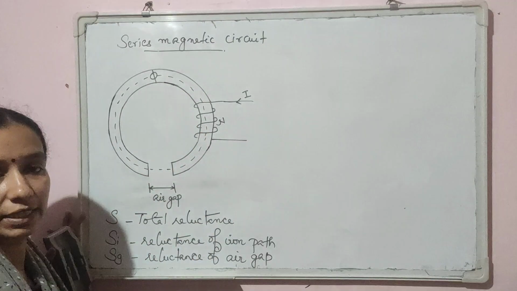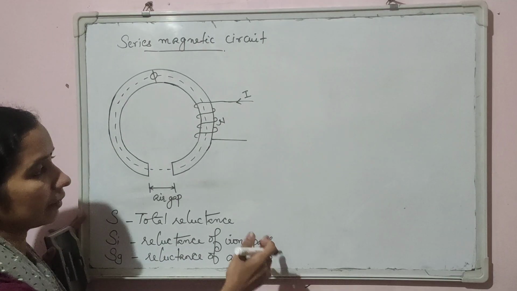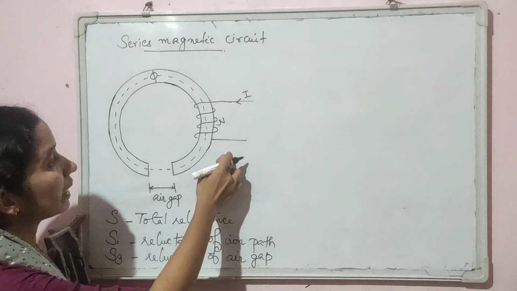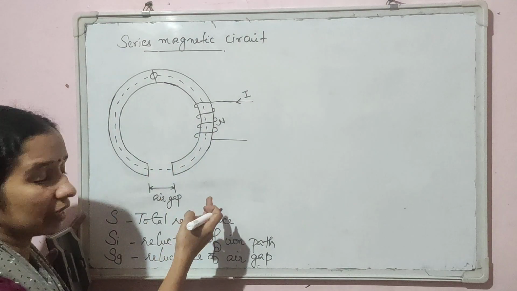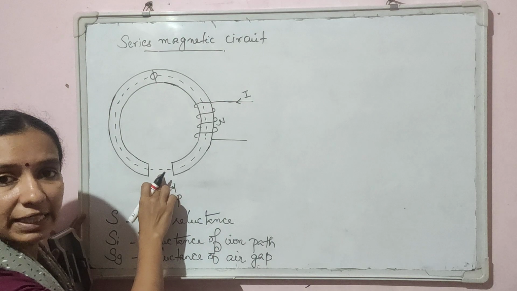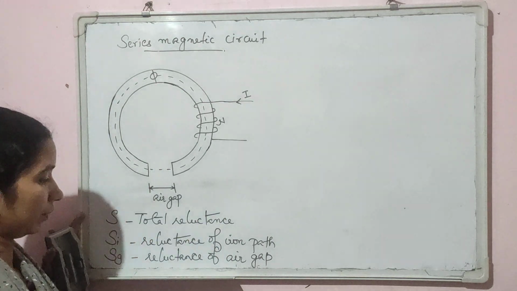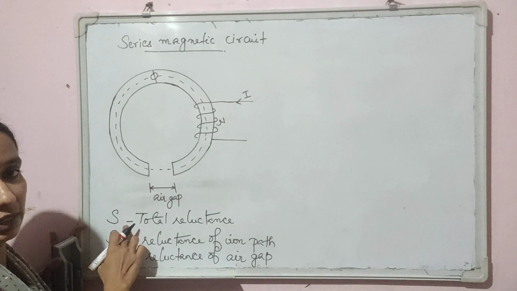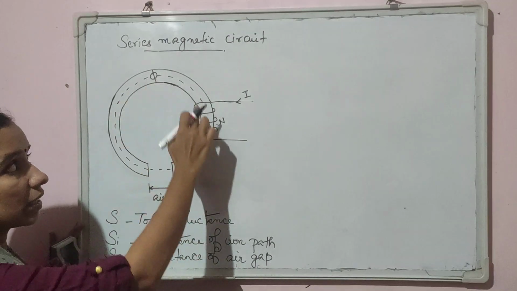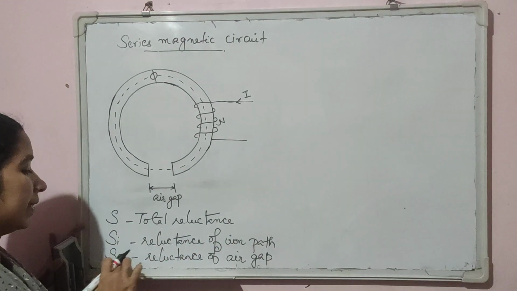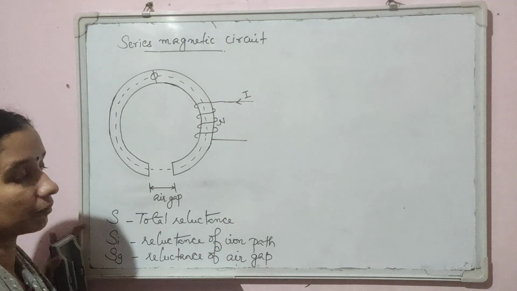So this is a series magnetic circuit. A part of the MMF is used for setting up flux in the iron path, and the remaining part is used for setting up flux in the air path. So we have denoted the reluctances like this: S is the total reluctance of this series circuit, Si is the reluctance of iron, and Sg is the reluctance of the air path.